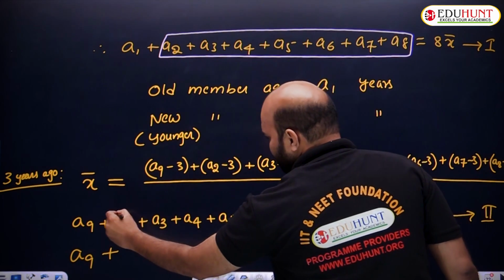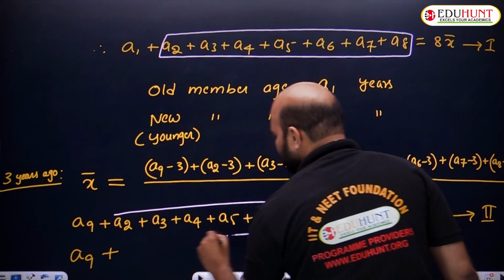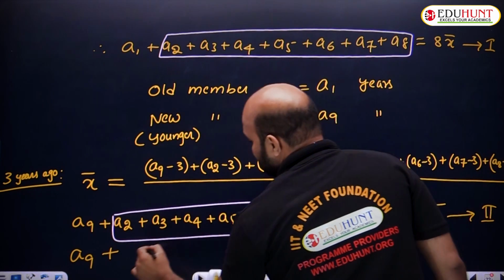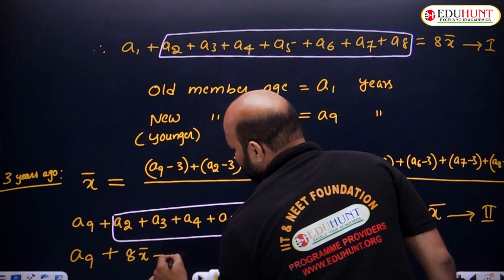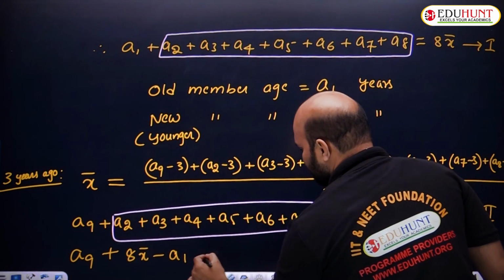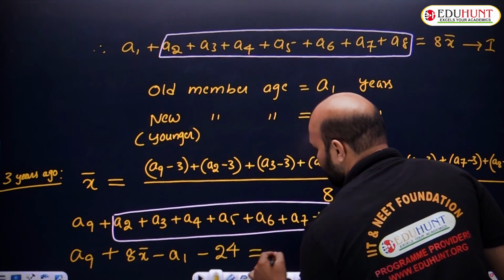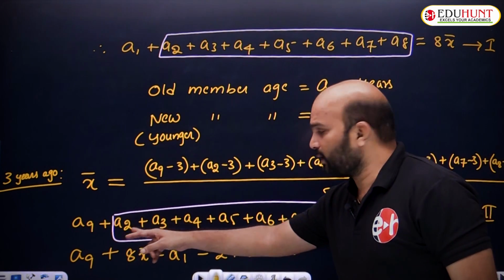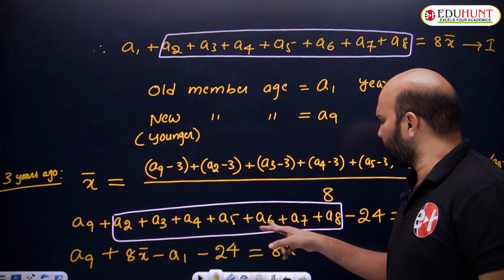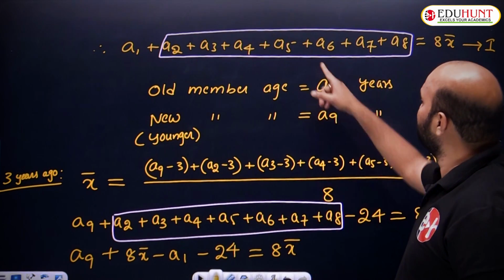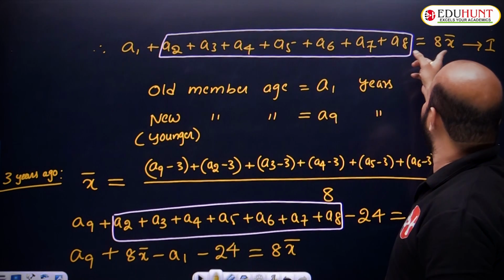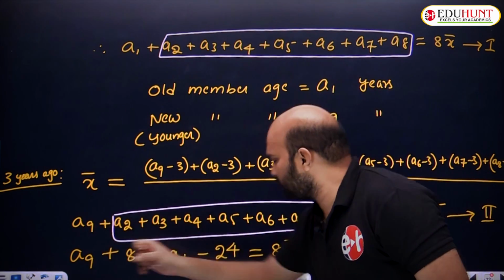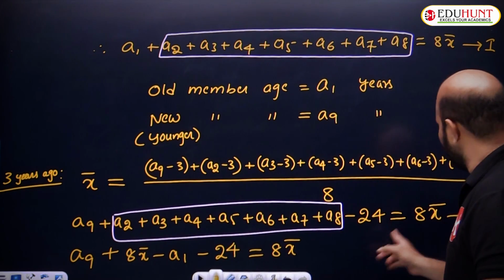So from A2 to A8 replaced by 8x bar minus A1, equals minus 24, equals 8x bar. So what I have taken, replaced A2 plus A3 plus A4 plus A5 plus A6 plus A7 plus A8 from equation 1 by 8x bar minus A1, remaining terms A9 minus 24 common, equal to 8x bar.